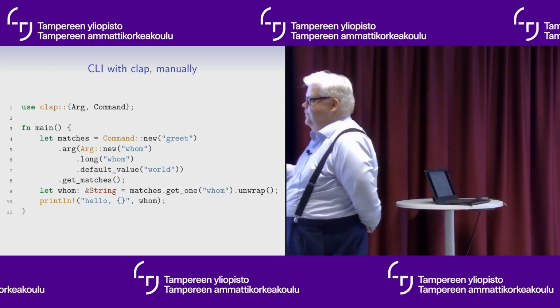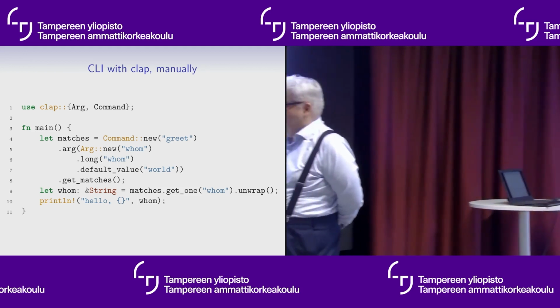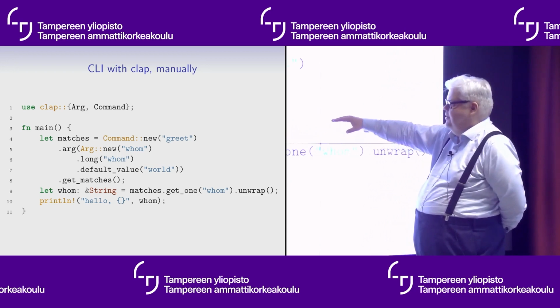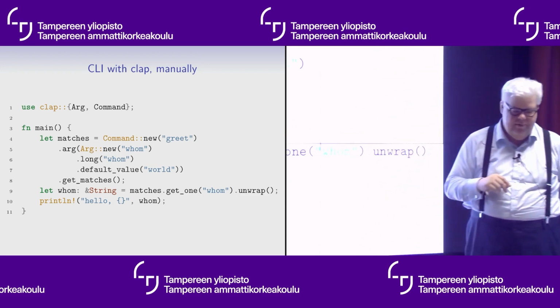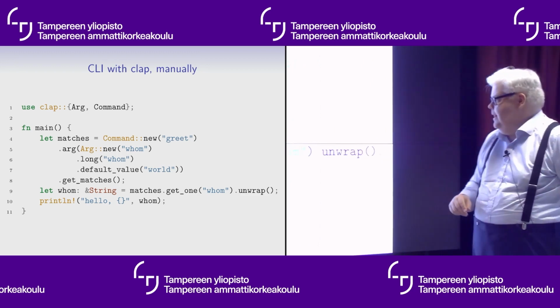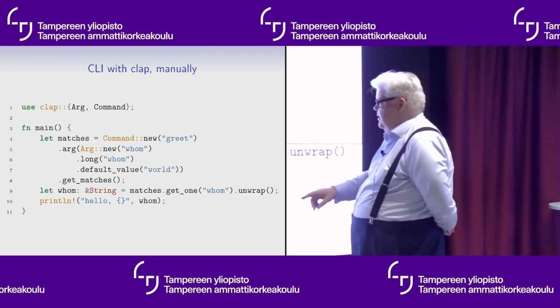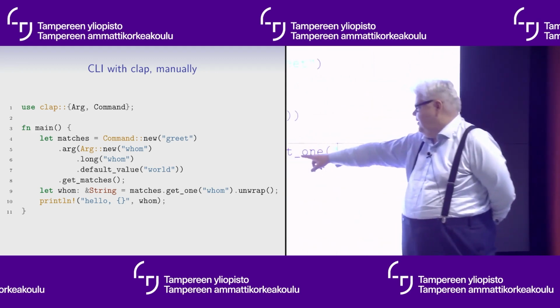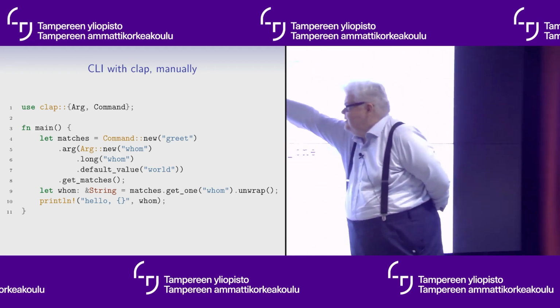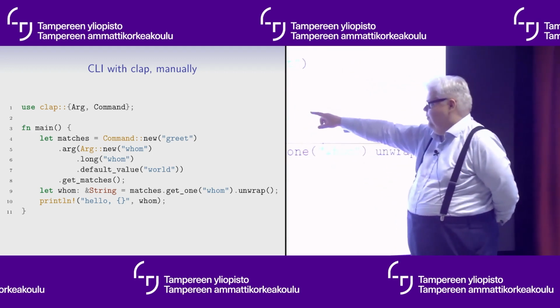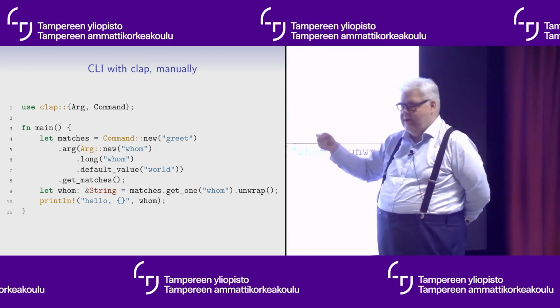And then get_matches actually parses the command line and returns a type which is not shown here because it's implicit and we don't need to. But the matches value has a method for looking up using this name, and since there's a default value, it always returns something.